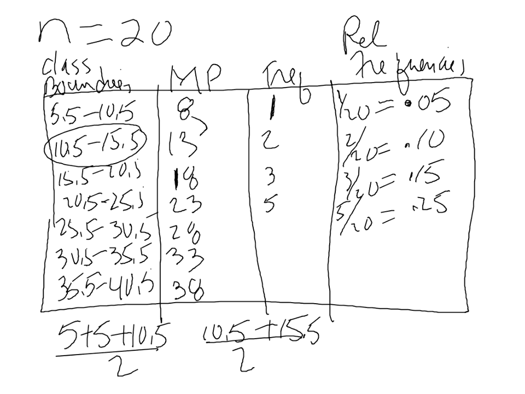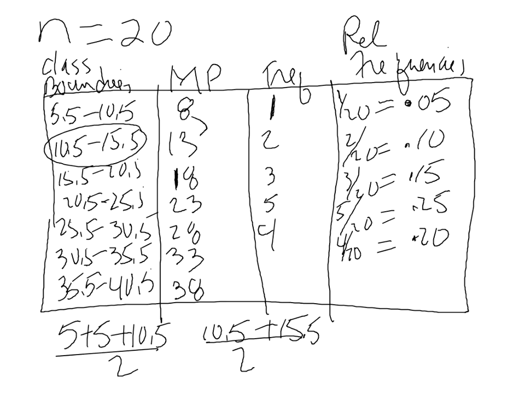By the way, the relative frequencies will add to 1, of course, because what we've basically done is divide by 20 each time, so when we add up all the individual relative frequencies, there will be 20 of them, and 20 over 20 is 1. Anyway, the next one is 4 out of 20. That's 1/5, or 0.20.